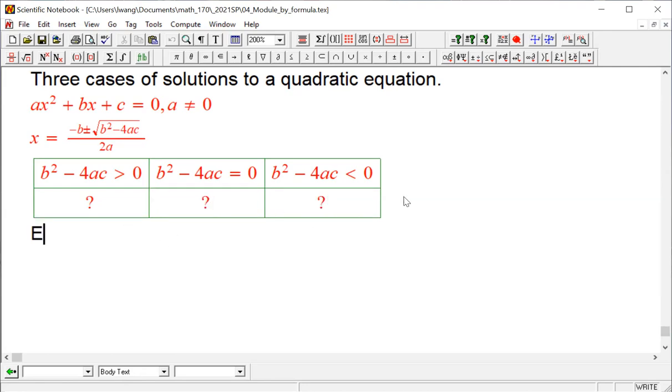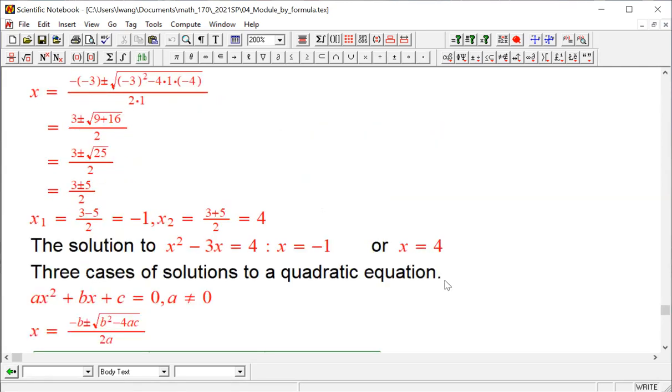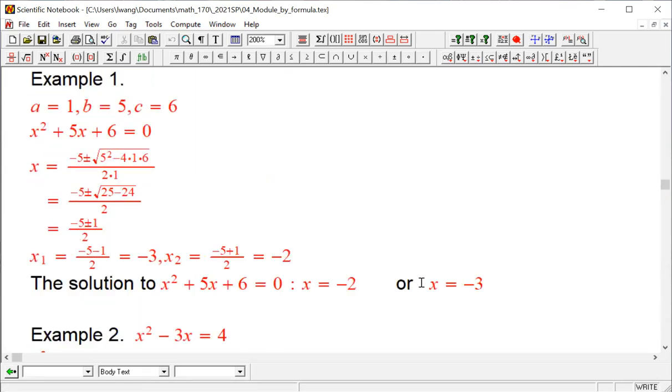Example number 1 and 2 fit the first case. If we go back to the equations of example number 1 and number 2, you'll notice that in example number 1, b squared minus 4ac, we have a 1 here.